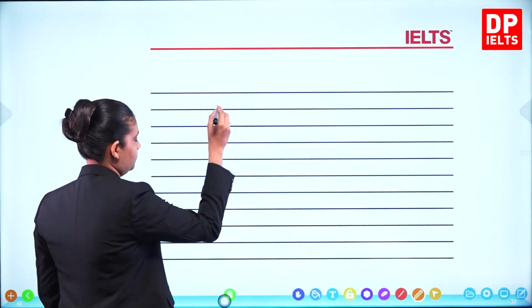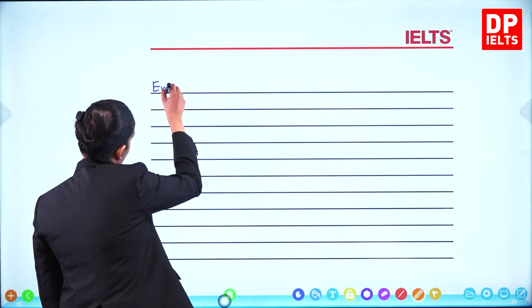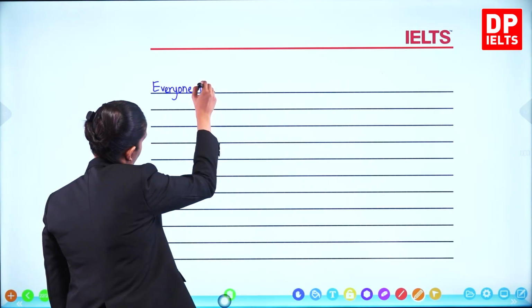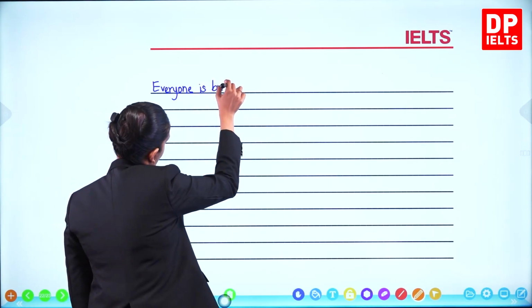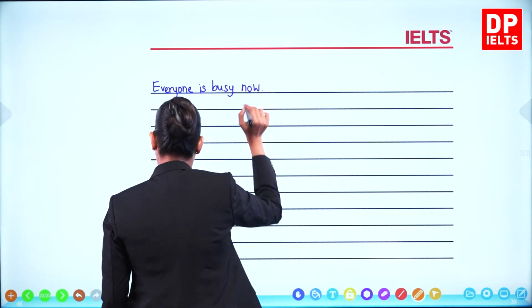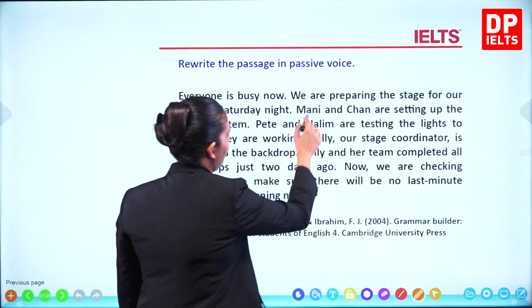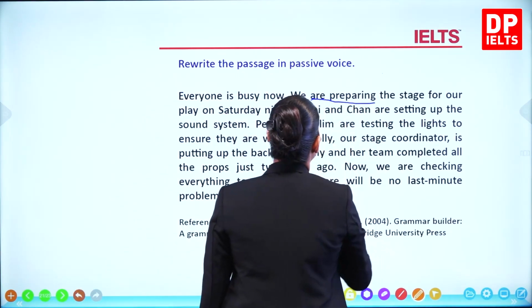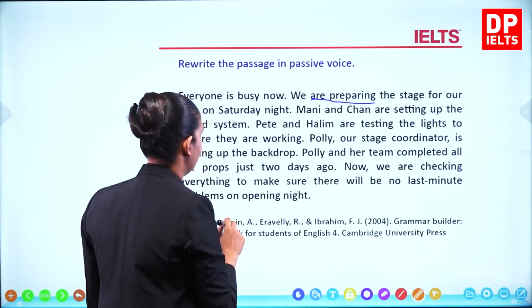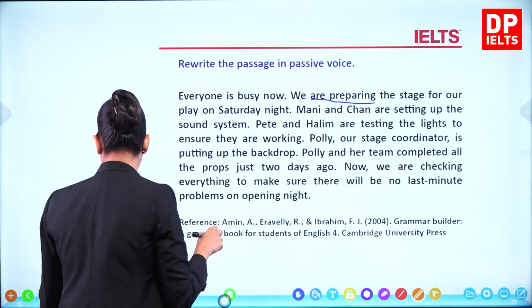So let's write that bit. Everyone is busy now, okay? We are preparing the stage for our play on Saturday night, okay? So our preparing is present continuous.